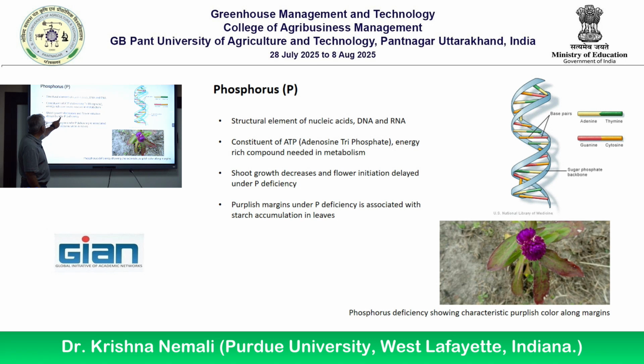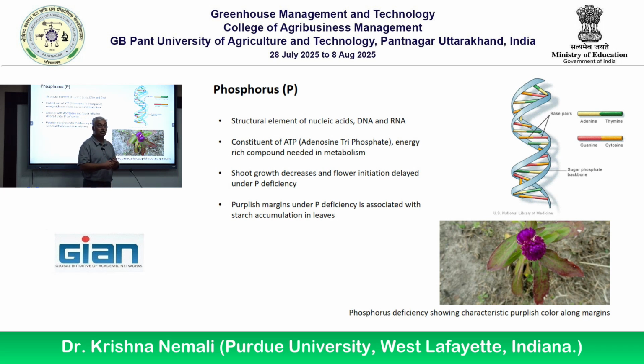Phosphorus deficiency also causes decreases in shoot growth and also flower initiation. But more importantly, see phosphorus deficiency, purple margins. How many of you remember iodine tests for starch in your schools? Earlier schools you may have done it, right? You get a purplish color. So what happens when phosphorus becomes deficient is the starch gets accumulated.